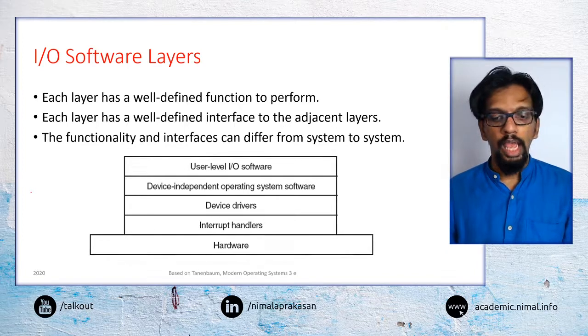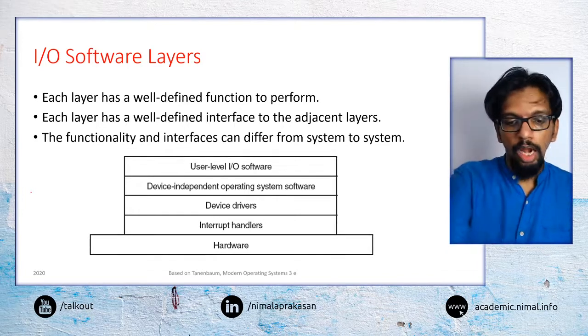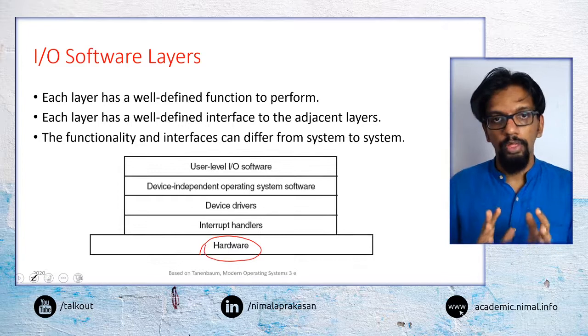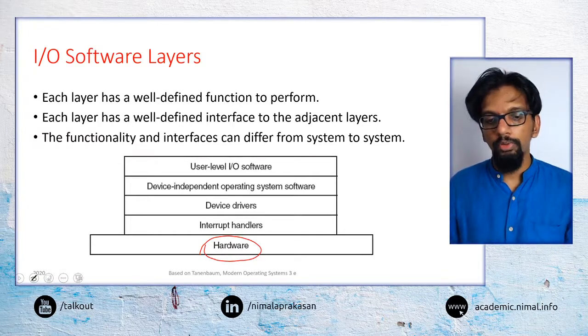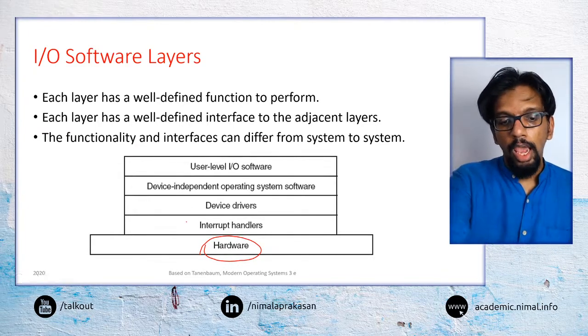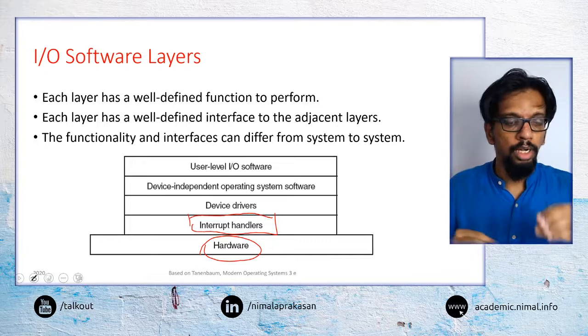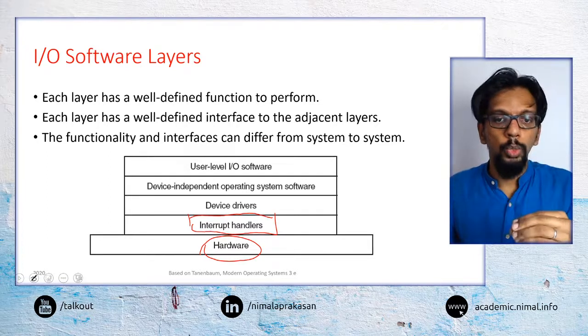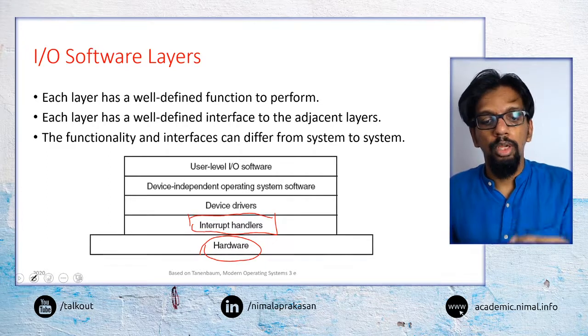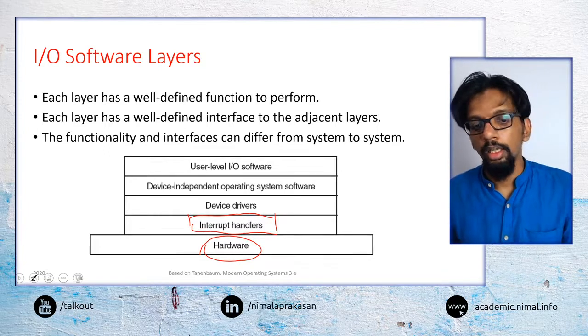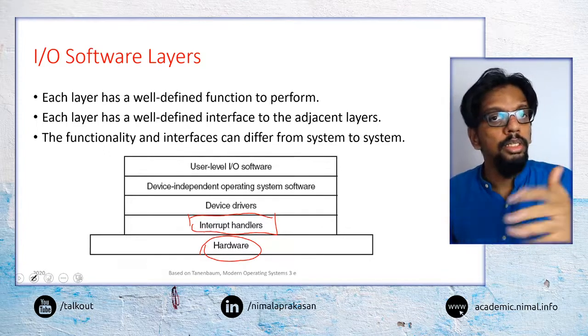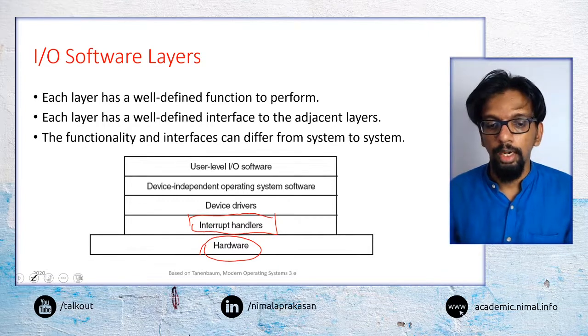We would have the hardware layer at the bottom, whatever the input output hardware will be there. Then at the operating system level, we would have the interrupt handler component. The interrupt handler is at the lowest level because it has to interact with the hardware directly. So any signals from the hardware will reach the interrupt handler.